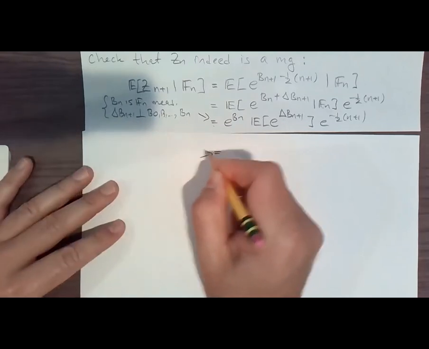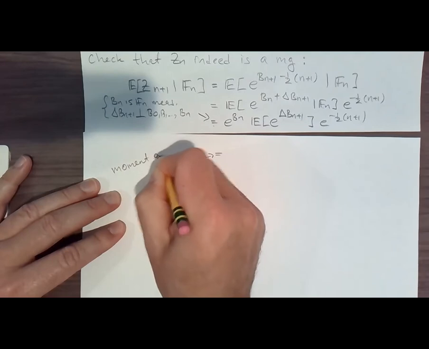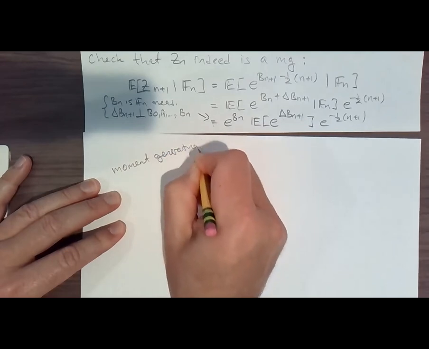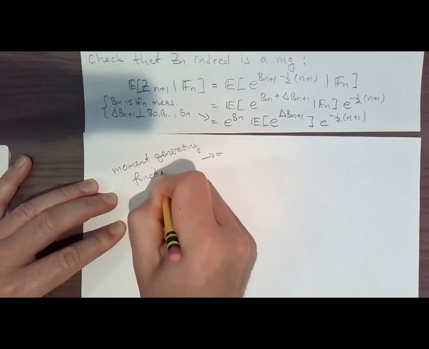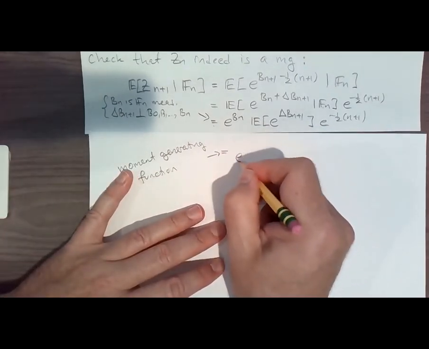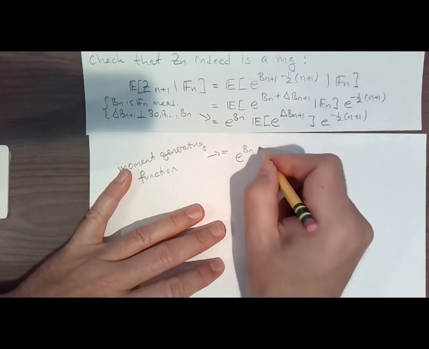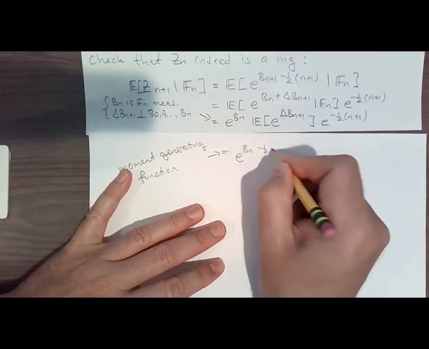So here, this is the moment generating function. I'll have e to the Bn, and I can borrow this minus 1/2 from over here, minus 1/2 n.